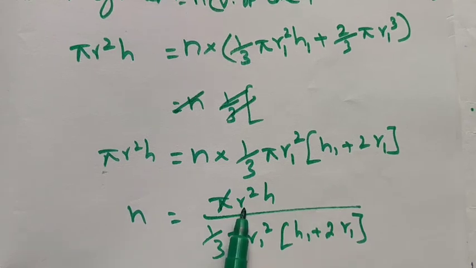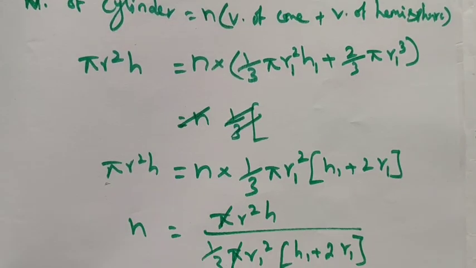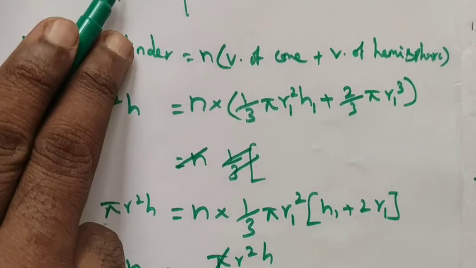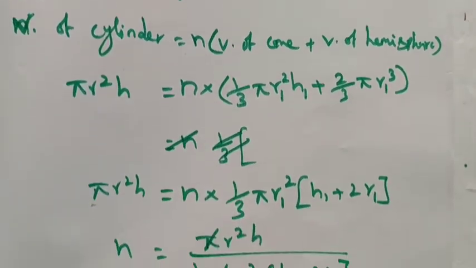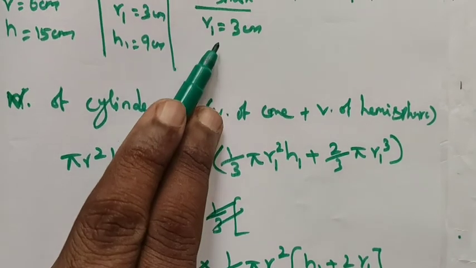Now apply the values. Here pi and pi cancel. The radius of the cylinder is r equal to 6 and height is 15, so 6 into 6 into 15, divided by 1 by 3 into r1 square, which is 3 into 3, into h1 which is 9 plus 2 into r1, which is 3.